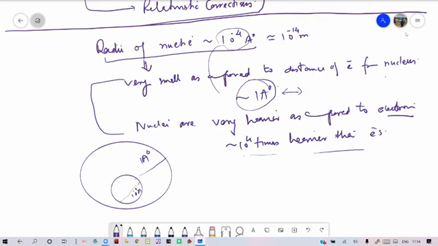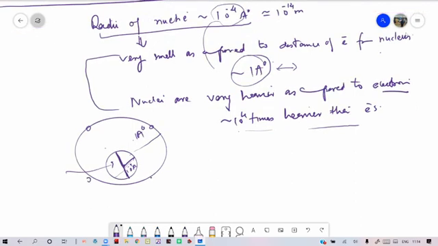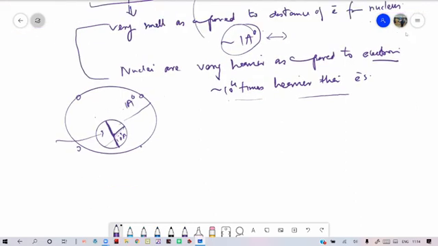This is the radius, not the diameter. And the mass of this nucleus is very much heavier as compared to the electrons of any orbit. This leads to a very good approximation.